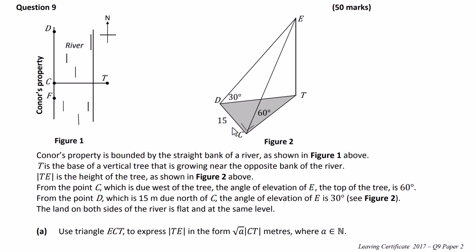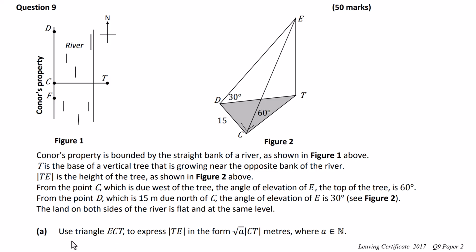And from the point C, which is due west of the tree, the angle of elevation of E, the top of the tree, is 60 degrees. And from the point D, which is 15 meters due north of C, the angle of elevation of E is 30 degrees. And we're told that the land on both sides of the river is flat and at the same level.